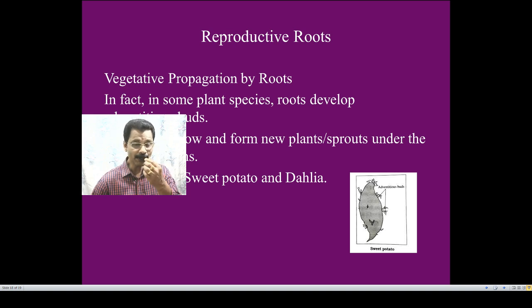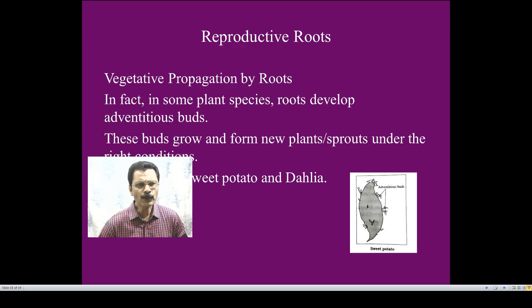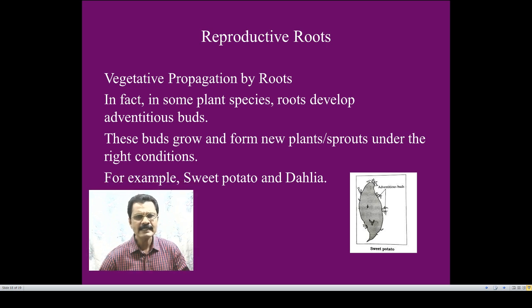Then reproductive roots, especially in the case of Ipomoea, sweet potato. Sweet potato tubers produce adventitious buds, and they grow into an individual plant.